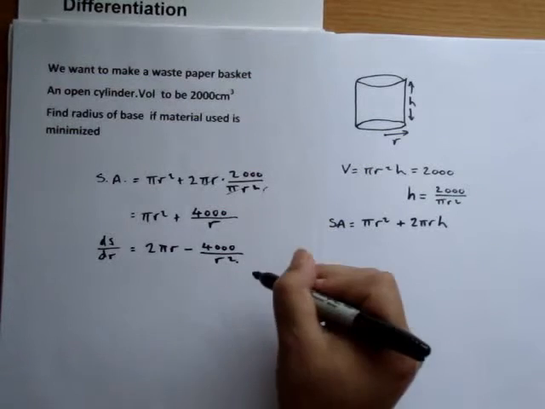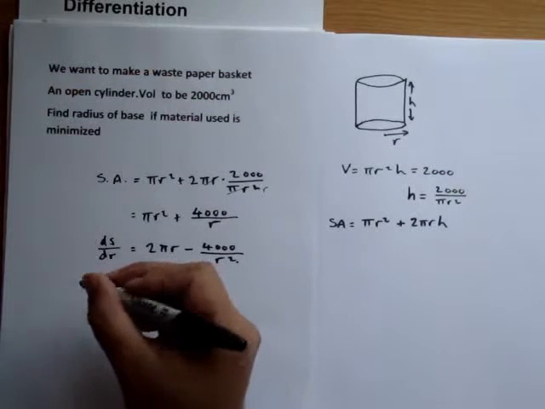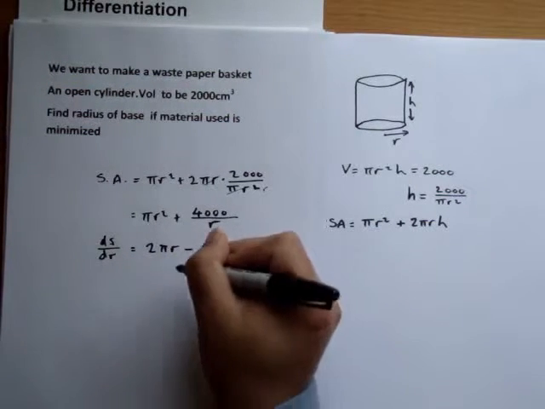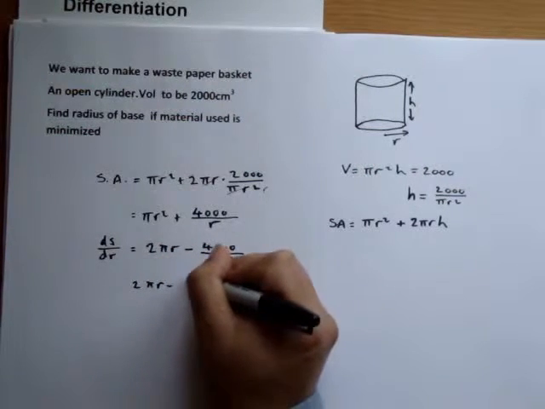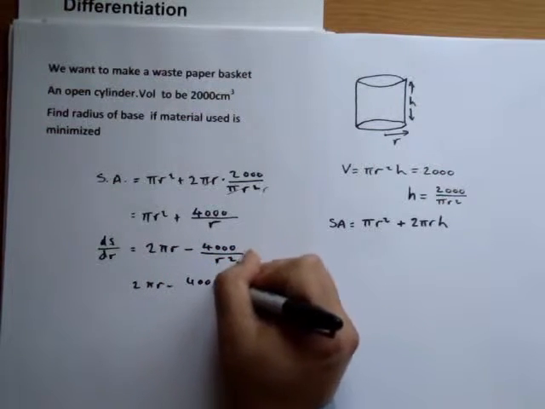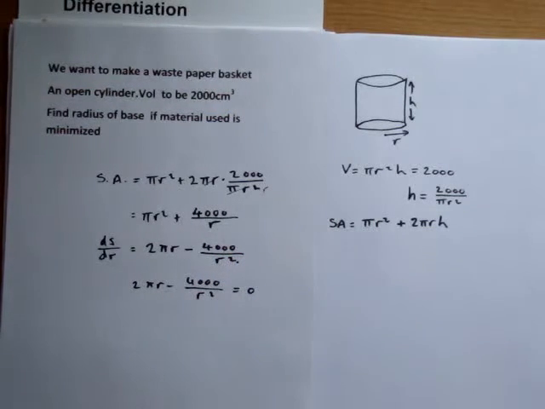Now we set this to 0, which is our next step. So 2 pi r minus 4000 over r squared equals 0.